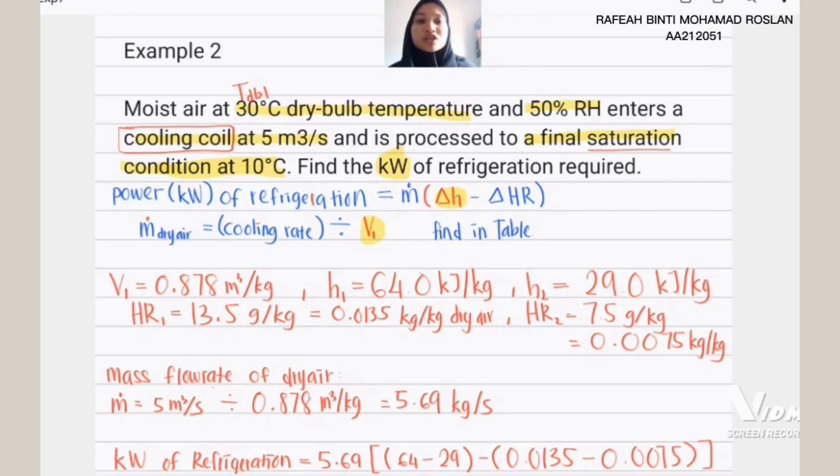The formula we need: the power of refrigeration is equal to mass flow rate times delta H minus delta HR. The mass flow rate of dry air is equal to cooling rate divided by specific volume. We can find it in a table or graph.